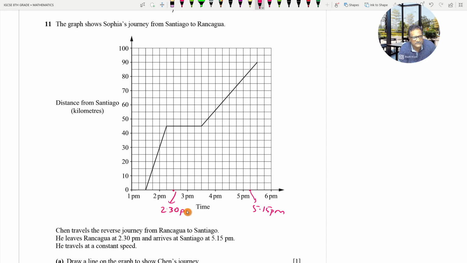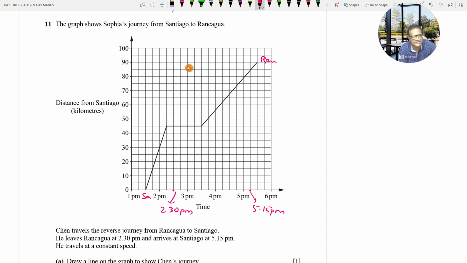Right? Okay. So if you go straight over here, now this is his start. This starting place is Santiago, so I'll write this as Santiago. Now the distance from here to here is given on the y-axis. So at 2:30 p.m. he must be at a distance from Santiago.